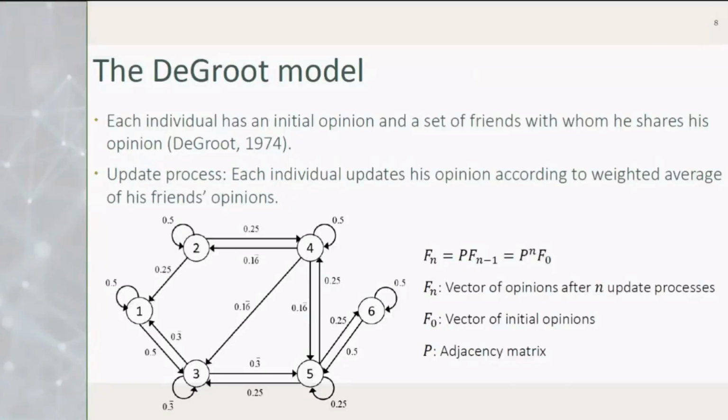In terms of linear algebra, this process, this social graph, can be represented in a matrix, in an adjacency matrix, as presented in the slide. This is the matrix P, which holds the trust factors of each node for their friends. So DeGroot, the researcher, modeled the opinion diffusion model with a simple equation that is presented in the first line next to the graph. He stated that at each time step, the opinions of the nodes are updated based on the trust factors of the nodes to their friends and the previous opinions of the nodes.